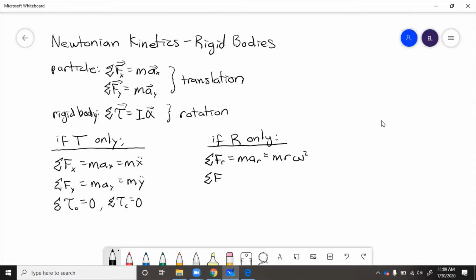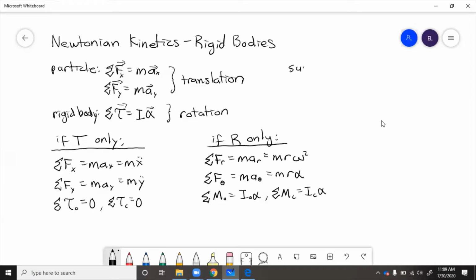Sum of the forces in the theta direction equals m a theta equals m r alpha. And sum of the moments equals I alpha, so around the axis, or you can do sum of the moments around the center of mass equals moment of inertia around center of mass times angular acceleration.